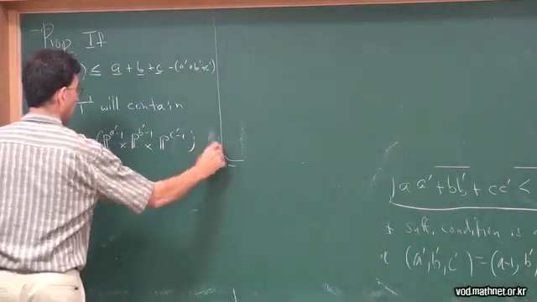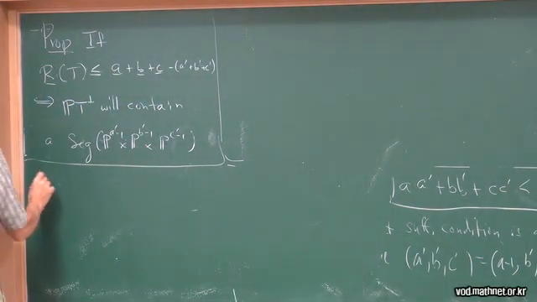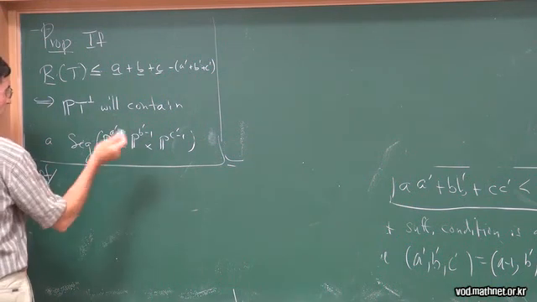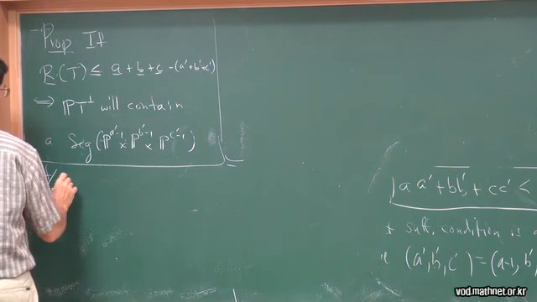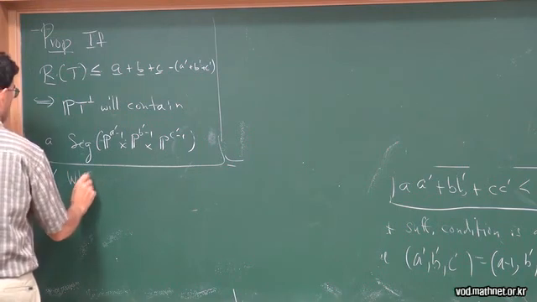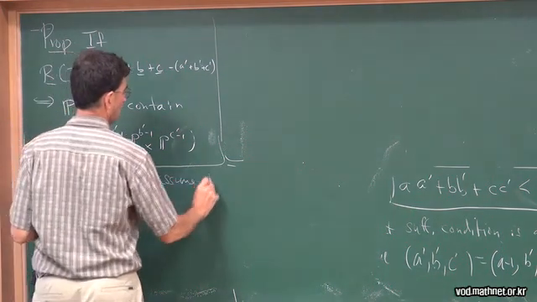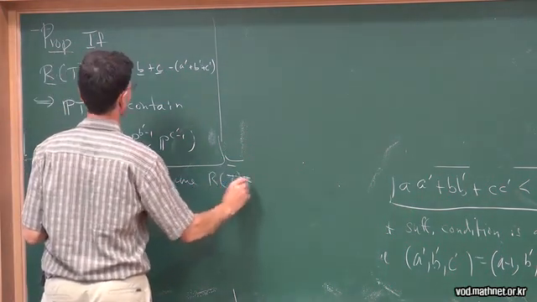So let's do the proof of this. This one's really easy. Since we're dealing with a closed property, it is sufficient to assume that the rank of T is that number.